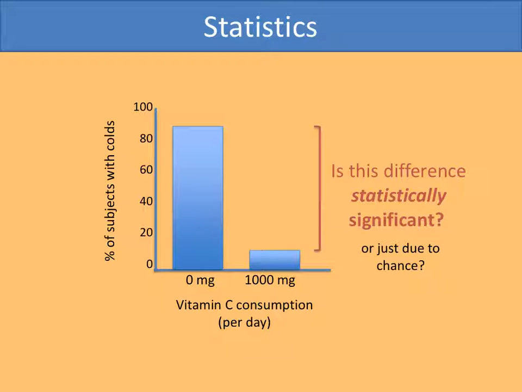They didn't get the vitamin C. And you ended up with 1,000 milligrams. Now, if there were only 10 people in each group, now it seems like this is a big difference, right? But if there's only 10 individuals, it might not be significant. There might not be enough power. So let's say this is a small sample.